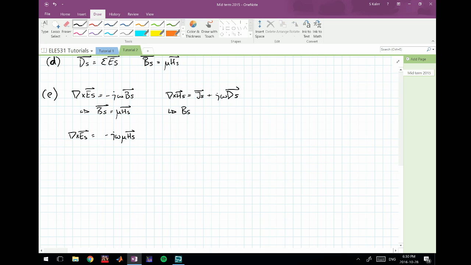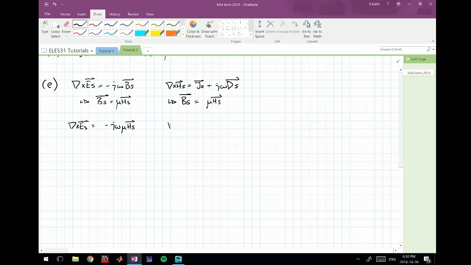We express everything in terms of E and H. No, that's not the one I want. Wrong one. I want DS equals epsilon ES. And so then I have the curl of HS is JS. I suppose I can probably simplify this too. Yeah, I can, so let's do that too.